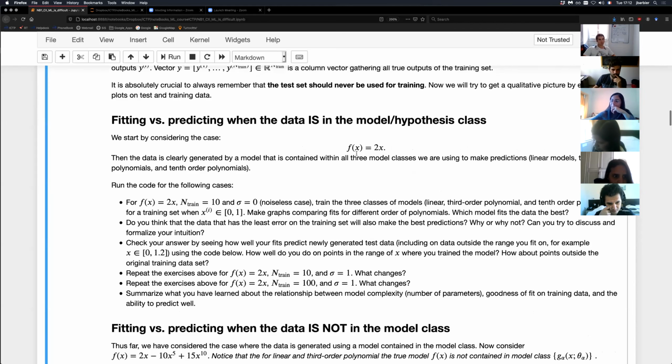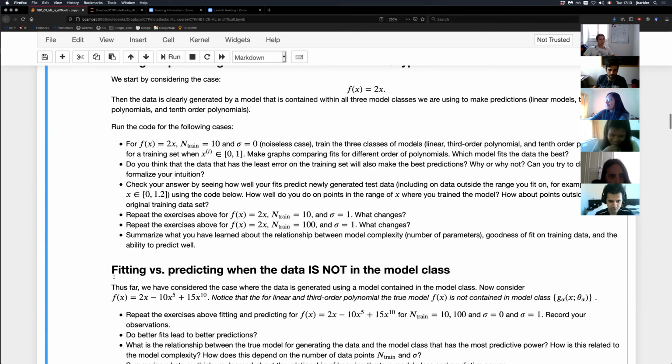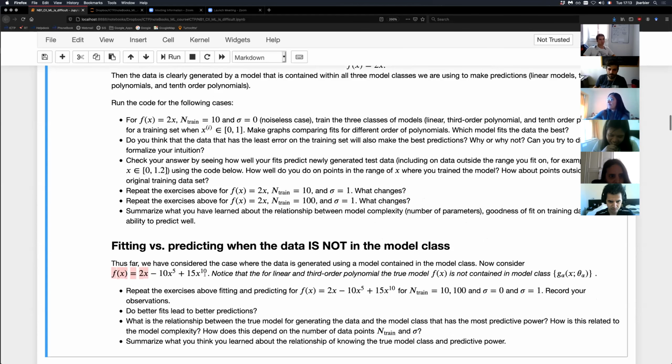All right, so we start by considering different cases. One case will be that the rule between inputs and outputs is just a linear rule, so very simple. And then we will consider a case where the relation between inputs and outputs, up to noise, is a 10th order polynomial.